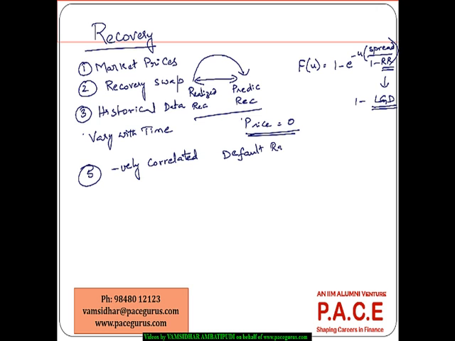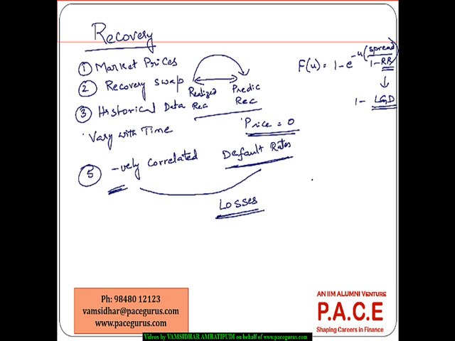This is one important point. If the probability of default is much higher, the recovery percentage is much lower, and vice versa. So though default probability and recovery rate are both random, because of the negative correlation between them there is a lot of volatility in the default losses. If the probability of default is higher, there is parallelly a much lower recovery rate, so a much higher default loss comes up for this reason.